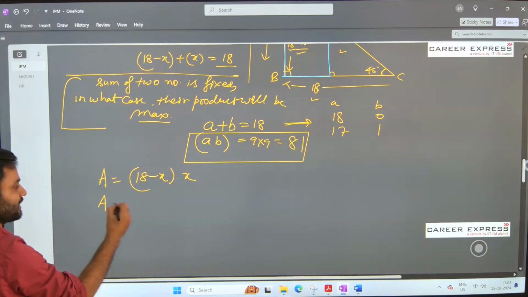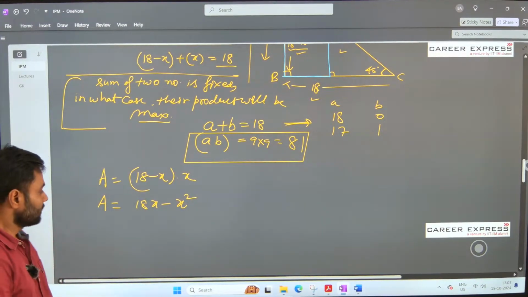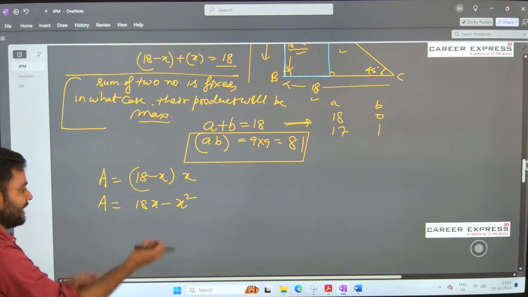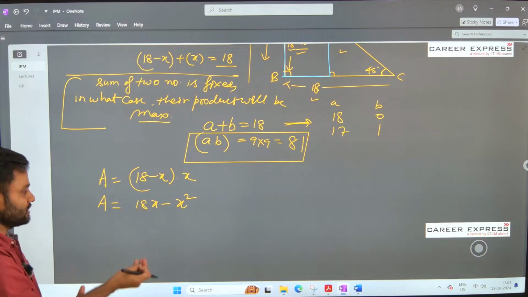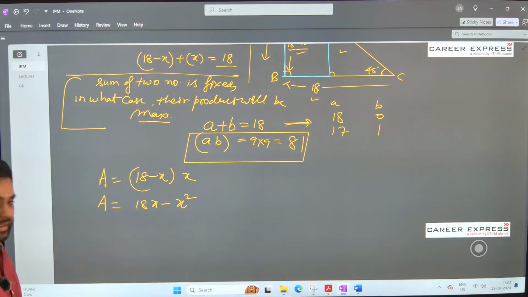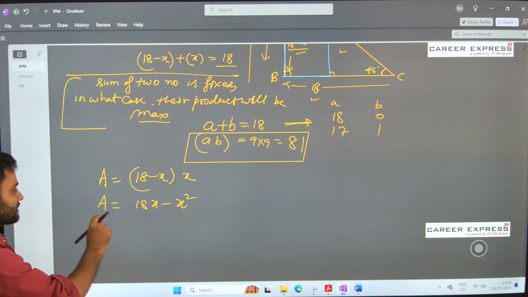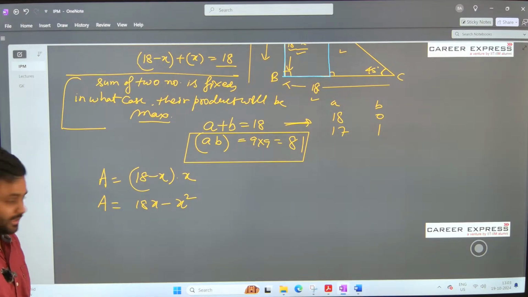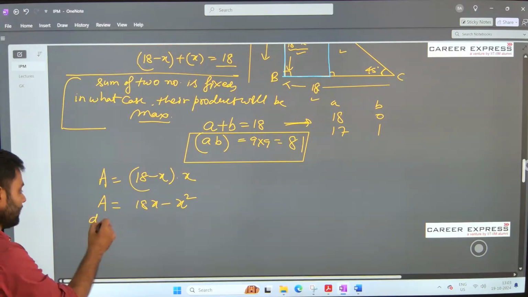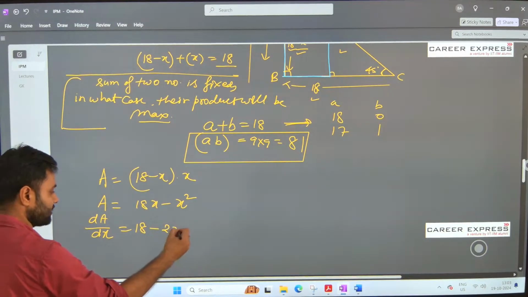So area A can be written as 18x minus x square. Now because area is dependent on x, as x changes, the area also changes. So we need to find that value of x at which the area is maximum. When the area is maximum, at that instant, when x changes, the change in area should be 0. So dA by dx, rate of change of area, will be 18 minus 2x.